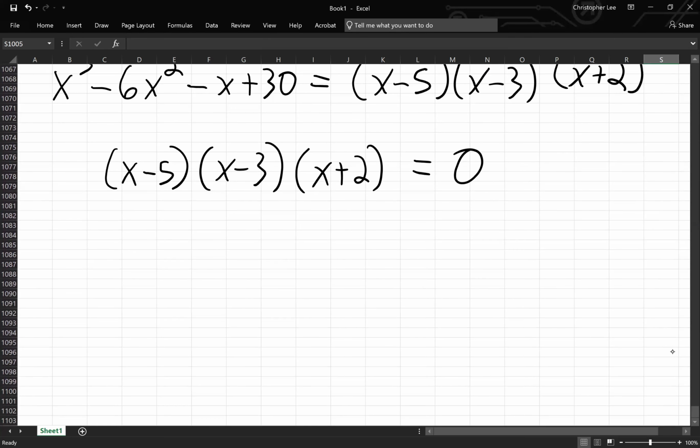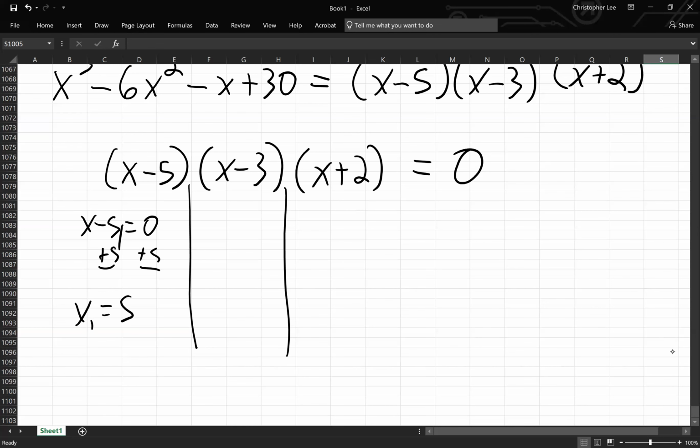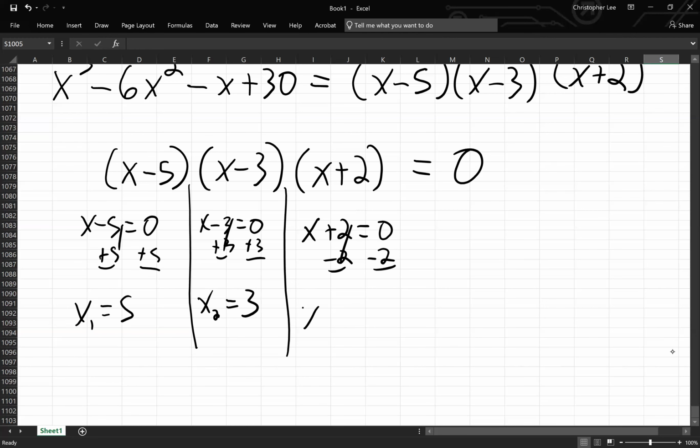You already know what's going to come next. x minus 5 equals 0, add 5, boom. x1 is equal to 5. x minus 3 equals 0, add 3, x2 is equal to 3. And then x plus 2 equals 0, subtract 2, so x3 is equal to -2.